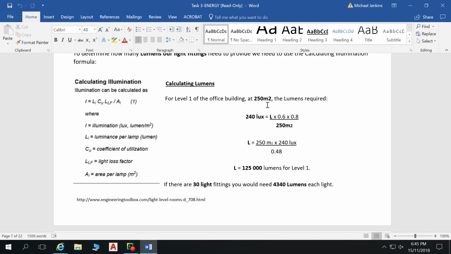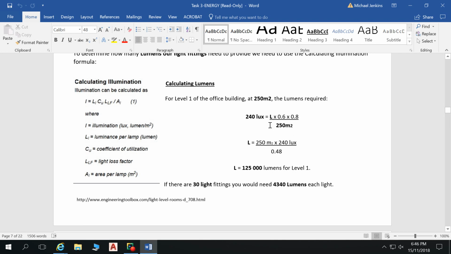How many lumens do we need to get out of that lamp to do this area? So if we put in, we want to achieve 240 lux. We got that from our table. We don't know what our luminance per lamp is. That's what we're trying to work out. So we've got that in there, multiplied by our coefficient of utilisation and our light loss factor, divided by 250 square metres.